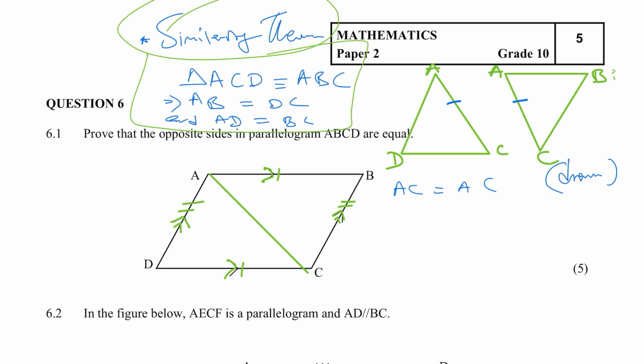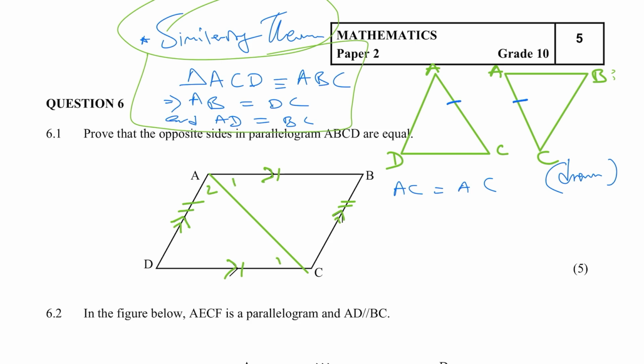So how do you prove that? Just look closely at this. Since AB and DC are parallel, you're given that, therefore this and this are equal. Do you see that?